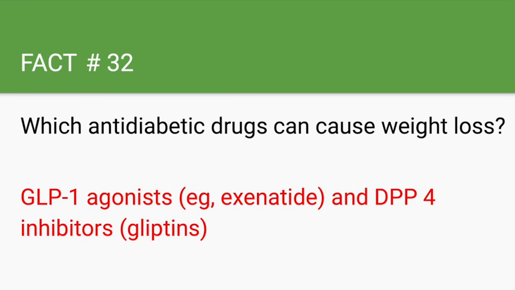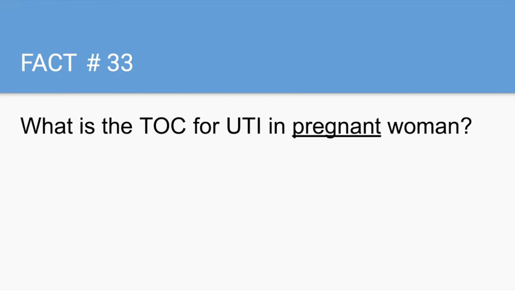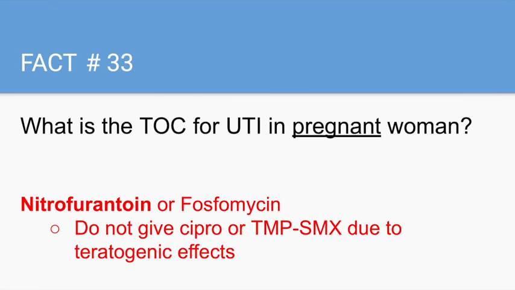What is the treatment of choice for a UTI in a pregnant patient? Nitrofurantoin or fosfomycin. It's very important that you remember that you should not give drugs such as ciprofloxacin because they have teratogenic effects. So no fluoroquinolones for pregnant patients.